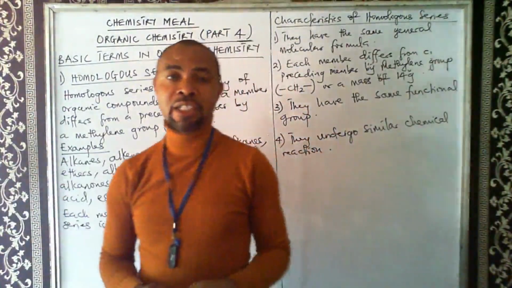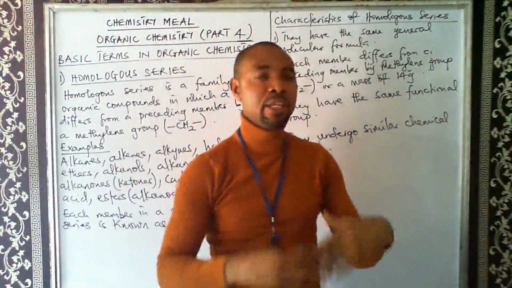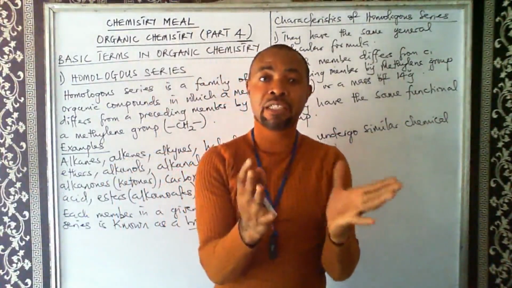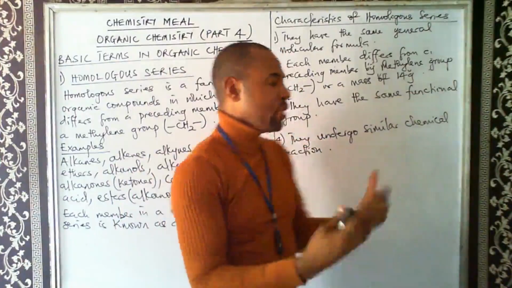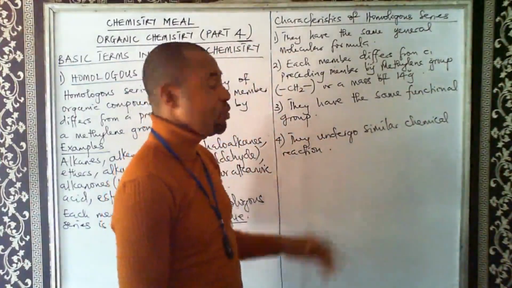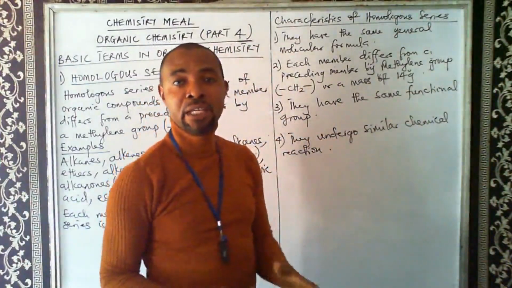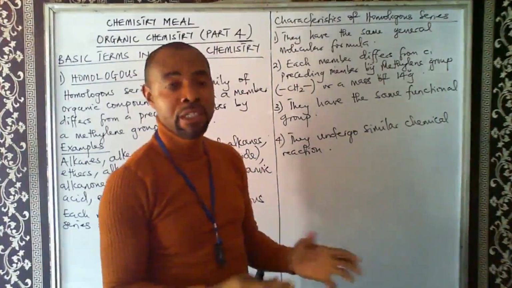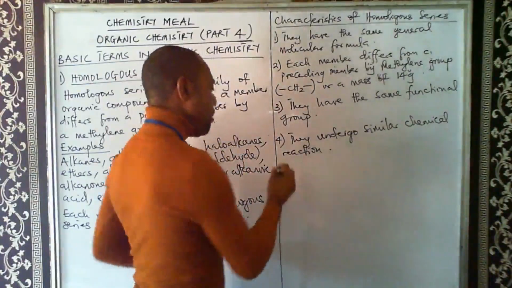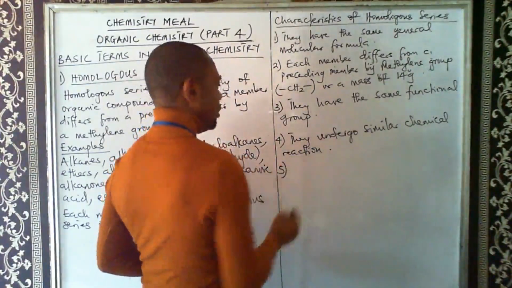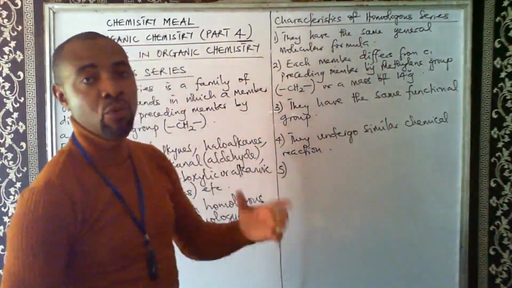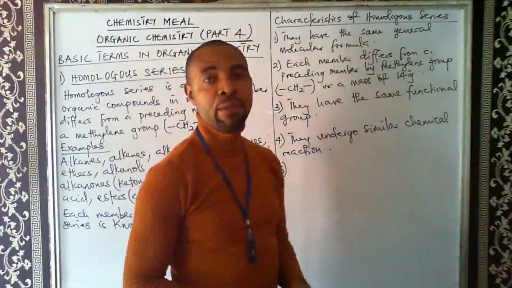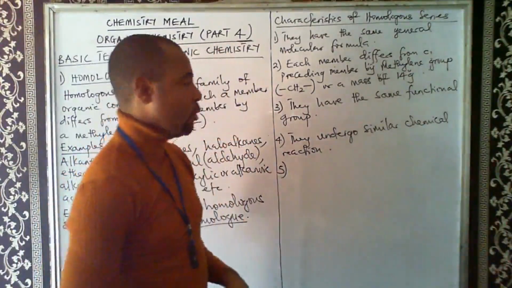We understand this person is from this family, because they have looked at how the person is acting. So they now know the person belongs to that family. So when methane acts, ethane acts, they say they are from the same family. So members of the same homologous series will usually undergo similar chemical reactions.